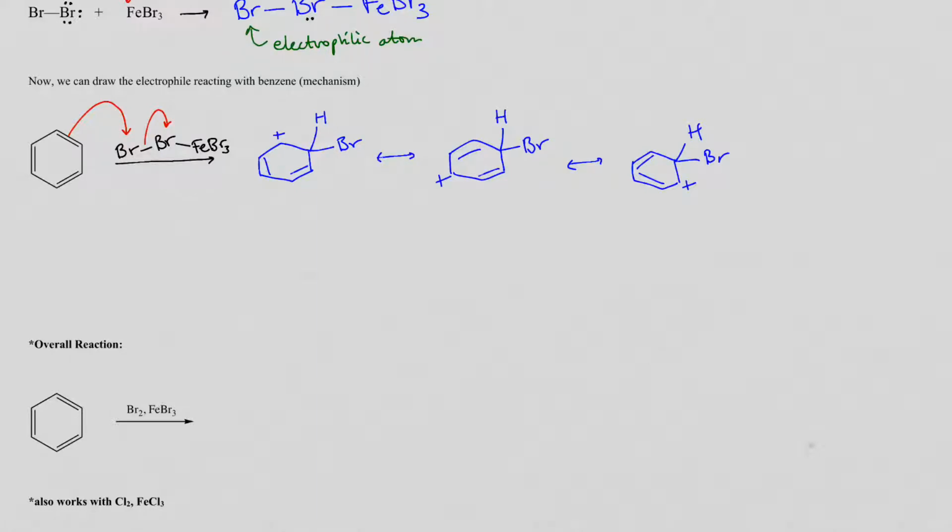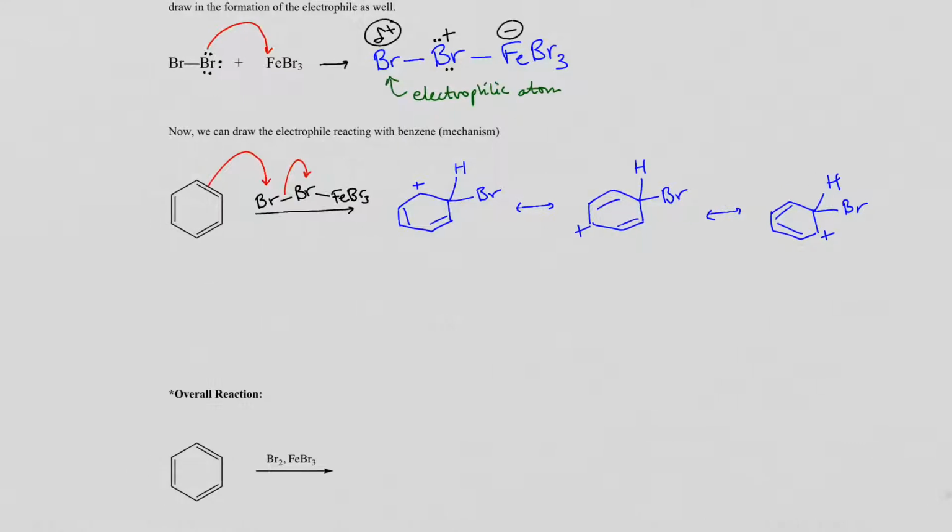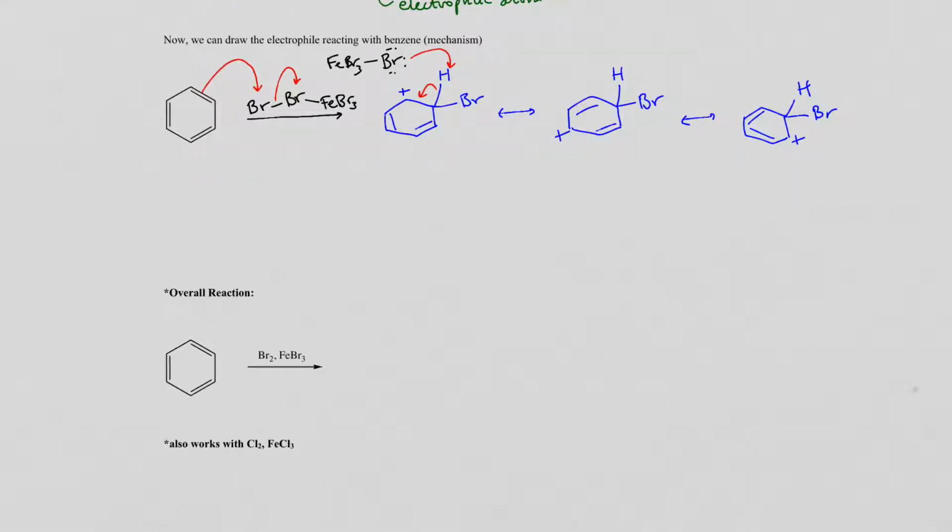Okay? And then what happens again is that negative ion that we created, so, sorry, Br, is going to come in, deprotonate. We're going to restore that good benzene look, our aromatic ring, nice and stable.